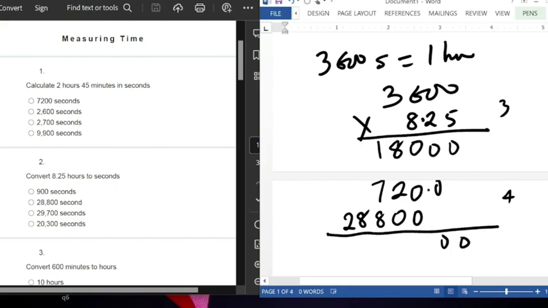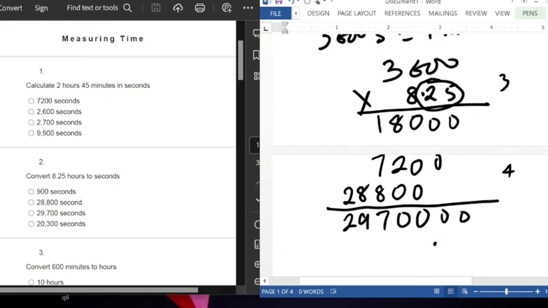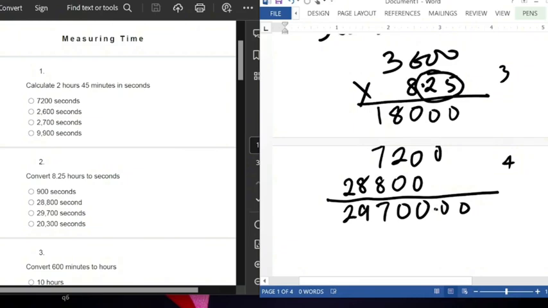This is 0, 0, 0, this is 0, this is 15, 16, 17, this is 9, this is 2. Right. So don't forget we have 2 digits after the decimal point here. So we count 1, 2, which means in our final answer, we put the decimal point here. Our final answer will then be 29,700 seconds.